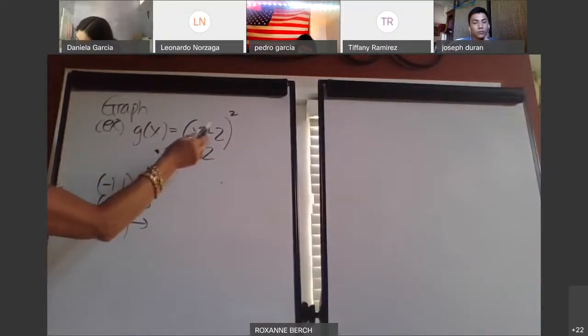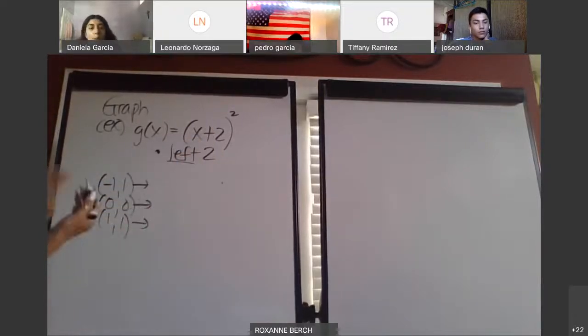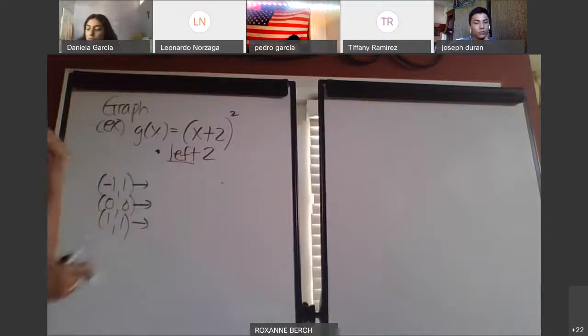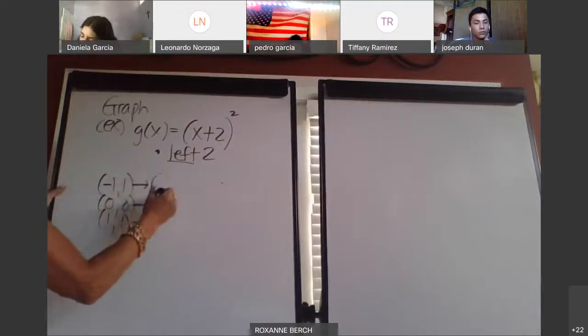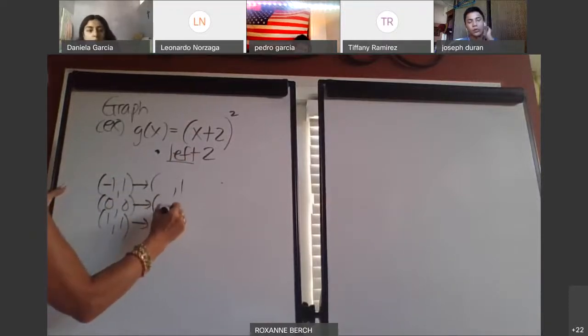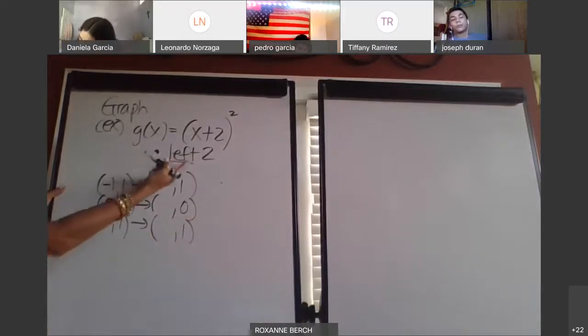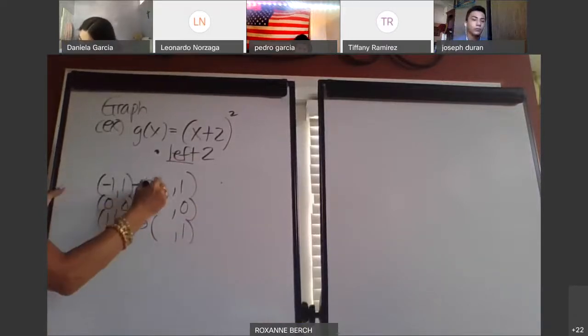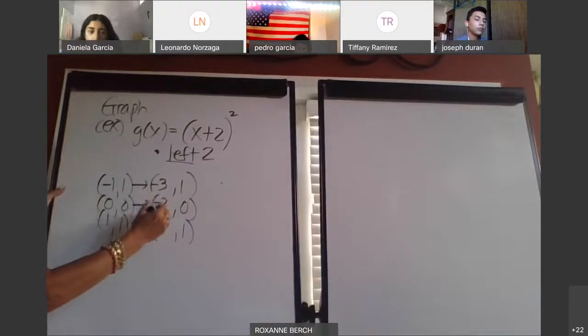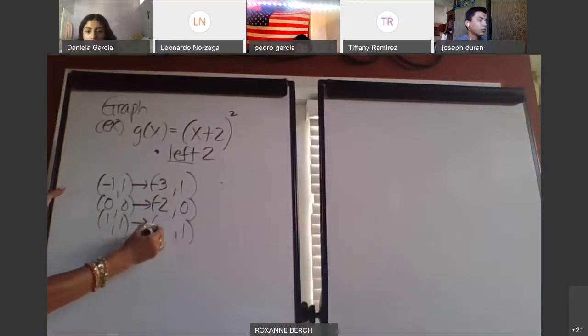The form would be x minus a -2, which makes it left 2. Left means the x's are going to change this time. The y's stay the same. So left 2 would be -2 and -1 is -3. -2 and 0 is -2, and -2 and 1 is -1.